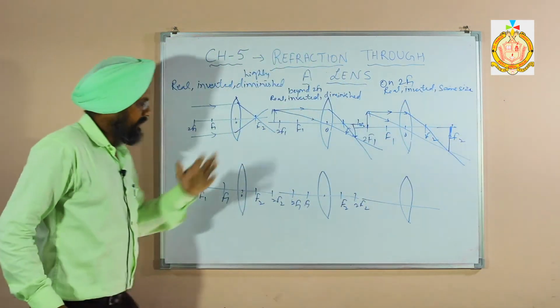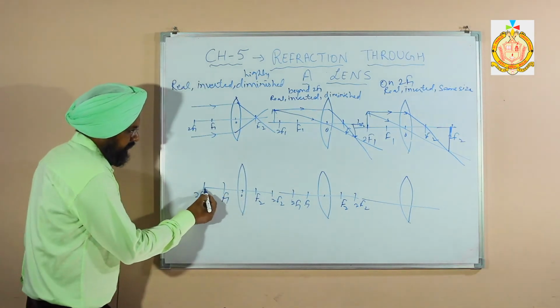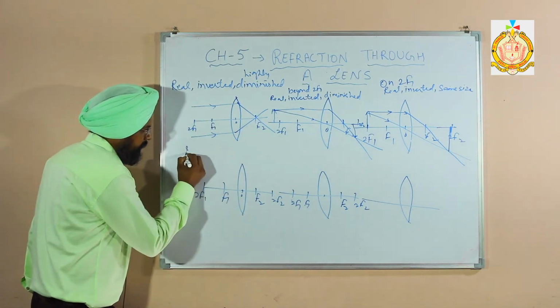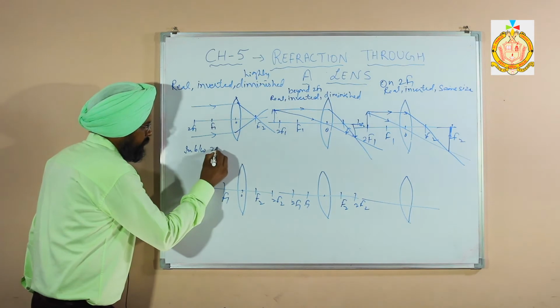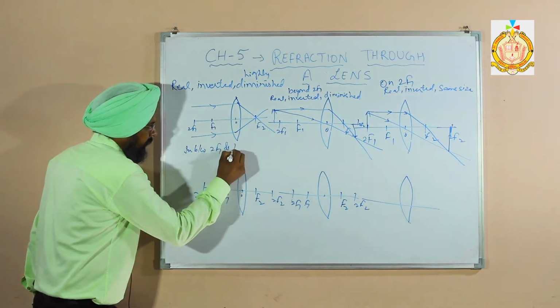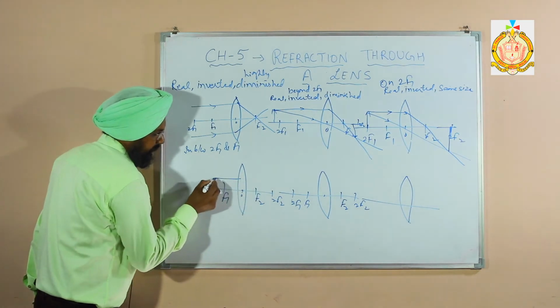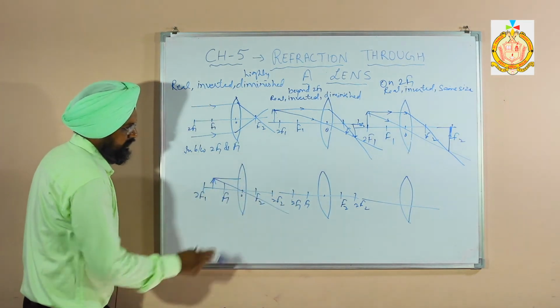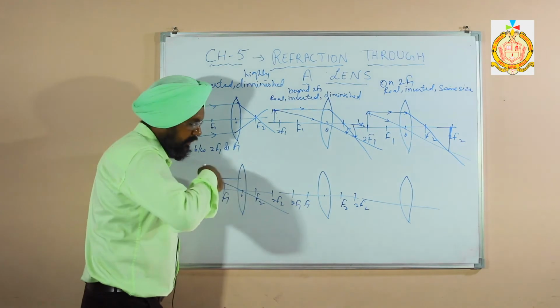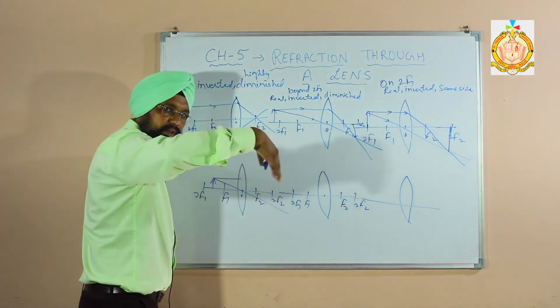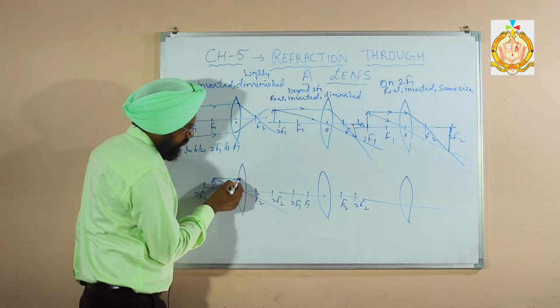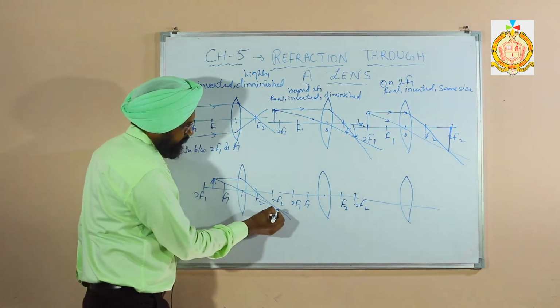Okay, then the next one is when the object is in between 2f1 and f1. One ray goes parallel, the second goes through the optical center. Now the image goes beyond 2f2.